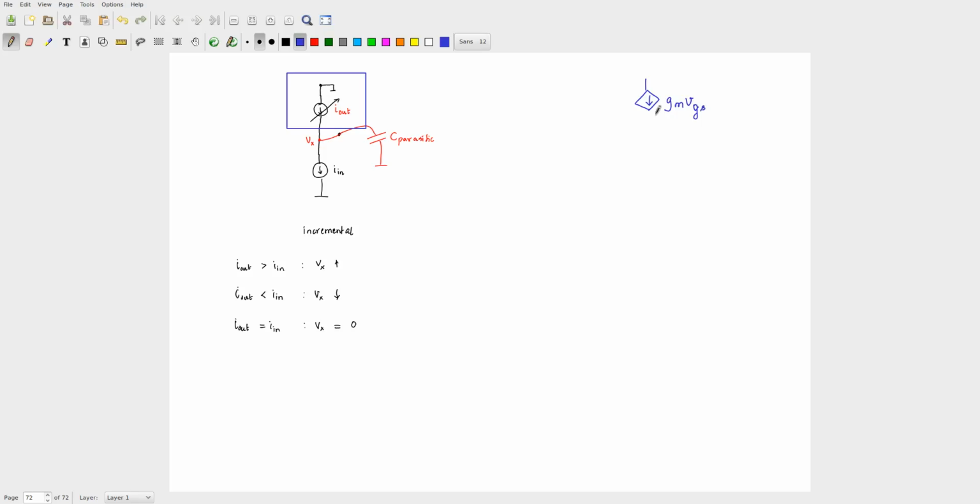Now, which should be the source, which should be the gate, which should be the drain? This looks good to be the source. This should be the drain. And where is the gate? The gate is somewhere. That is your gate. That is my blue box. Now I am going to have my I in connected here, and that capacitor which is there, we will now forget about it.